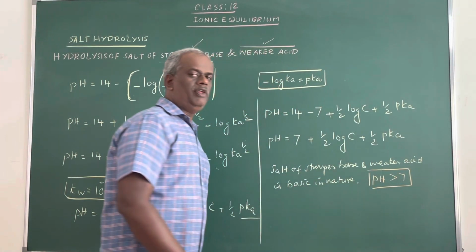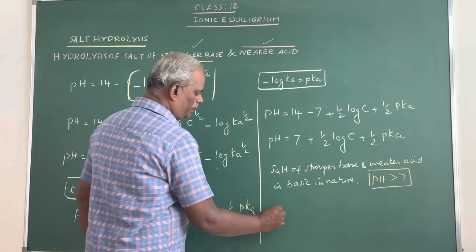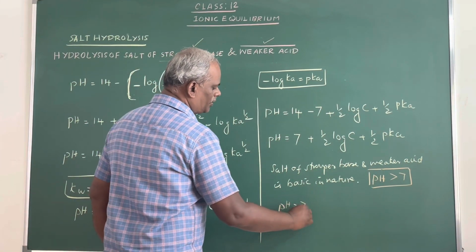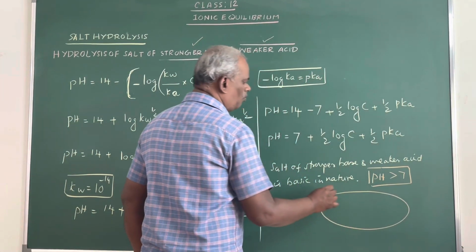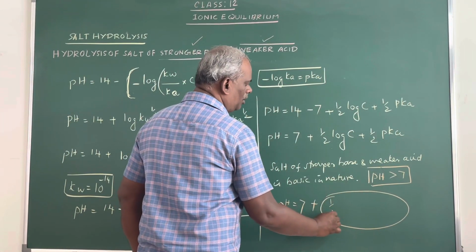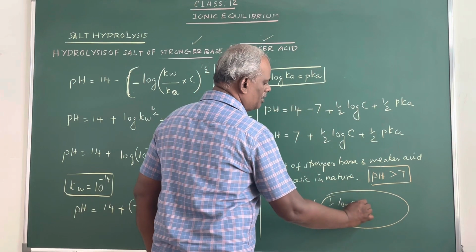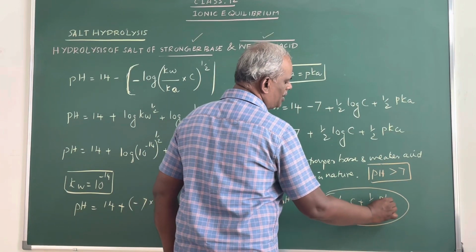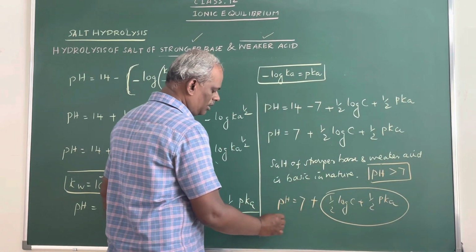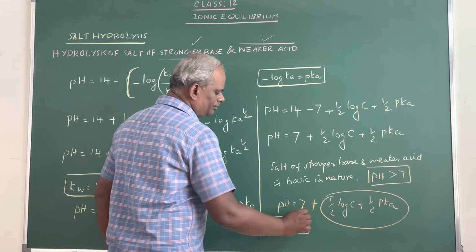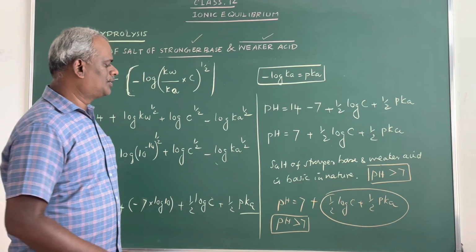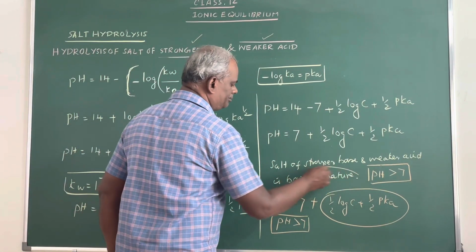Yes, here it is very well proved that pH is equal to 7 plus some value. What is the value to be added? Half of log C plus half of pKa. This clearly indicates that pH value is greater than 7 and hence the solution is basic in nature.